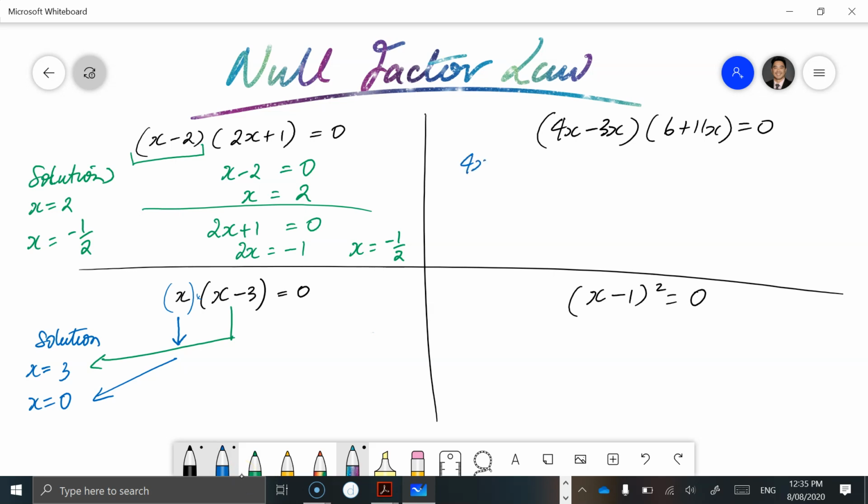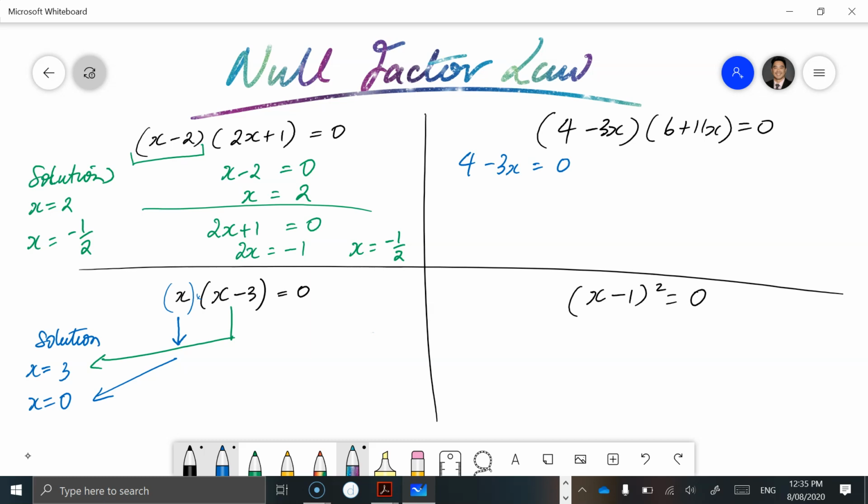Having a look at the top right corner, we're going to do the same thing. I feel like I've written that down a little bit incorrectly, so let's take that out. I believe it's just 4. So we'll have 4 minus 3x is equal to 0.